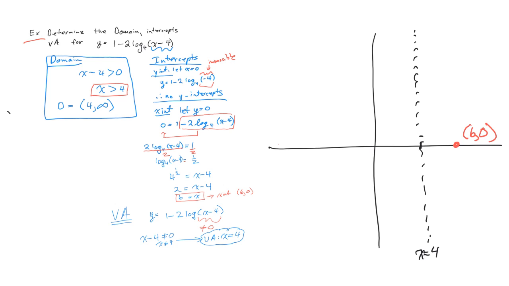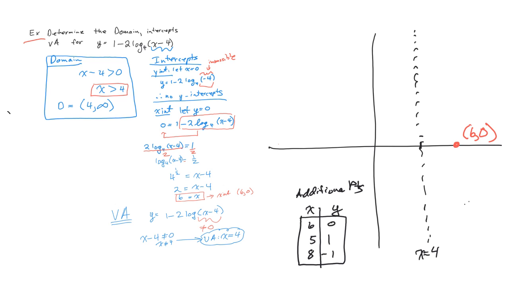Now, using some additional points like the points (6, 0), (5, 1), and (8, -1), you just plug the x values in.